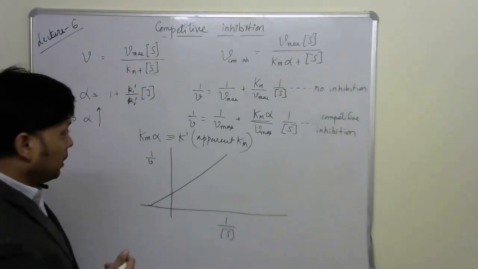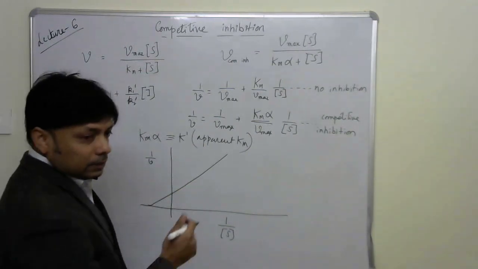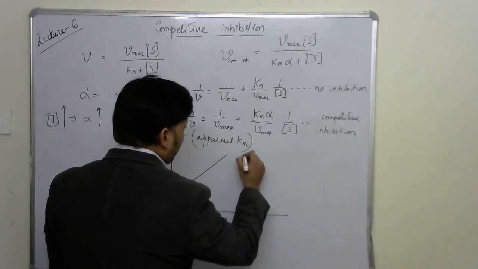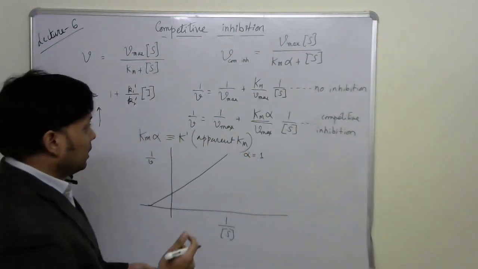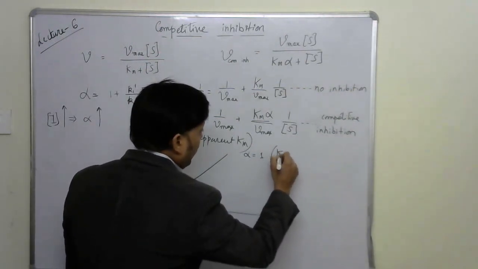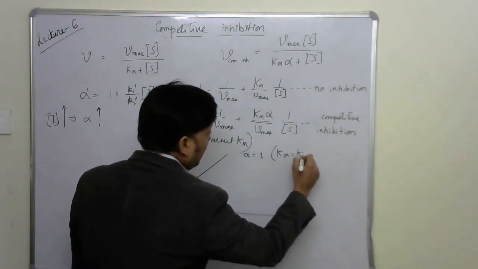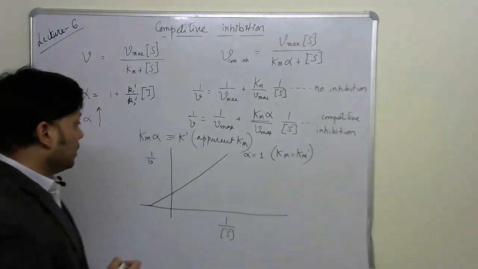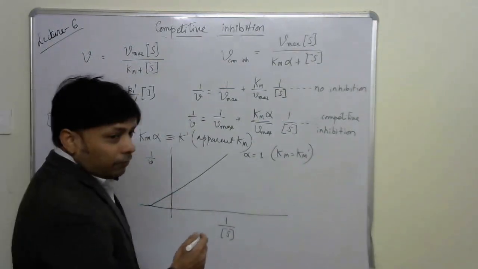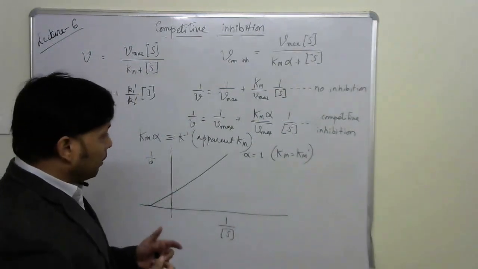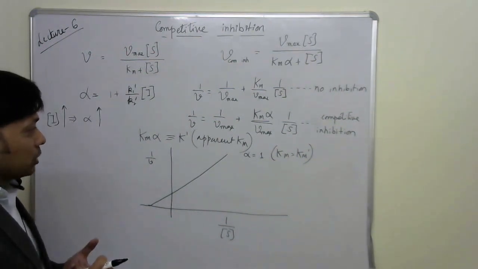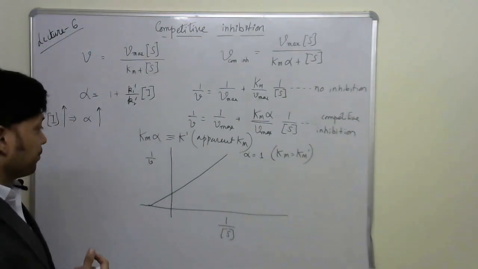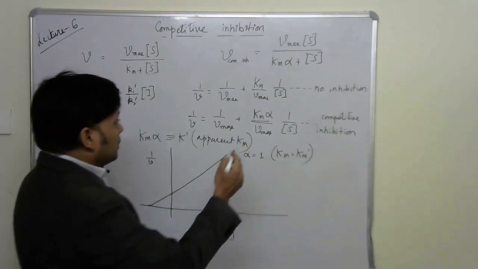Okay. So here we call it that alpha is equal to 1. So alpha 1 means here Km is equal to Km prime. Okay. So now next, what happens if I take an arbitrary another value, that is alpha is equal to 2. So the Km prime is actually double the Km. So you see here this is the slope.